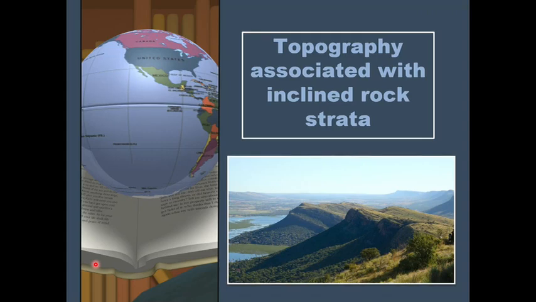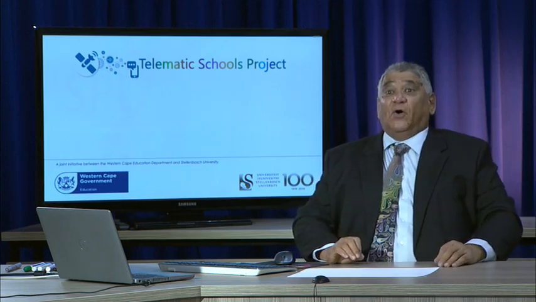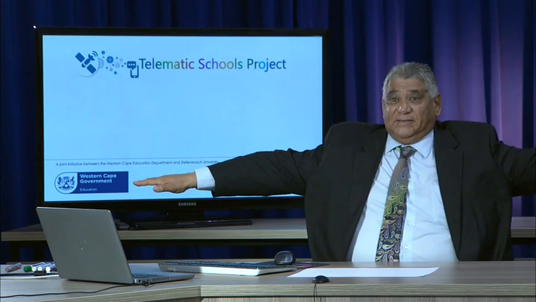Now, the following one, the second topic that we have, would be topography associated with inclined rock strata. Now, if we have a look at inclined layers, there's one very important thing that you must understand when it comes to inclined layers. When we did our horizontal layers, these were the layers, right?